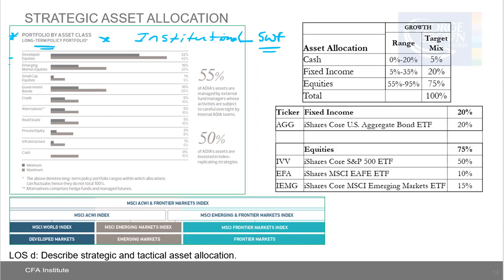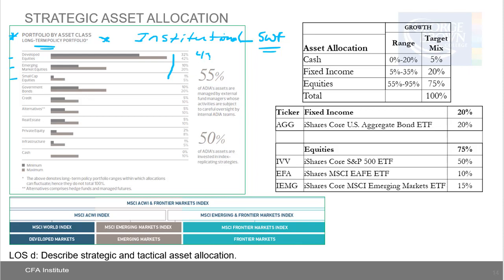So you can see developed equities, emerging market equities, and small cap equities. Those are stocks. So at the low end of the range, 32 plus 10 plus 1, that's 43% as a minimum allocated to stocks. At a maximum, the range is 42 plus 20, 62, plus 5, 67%.